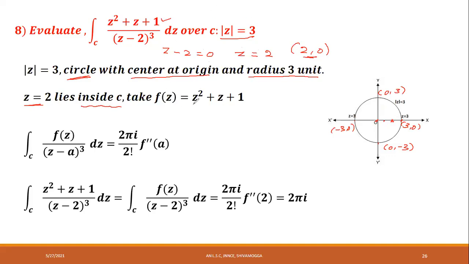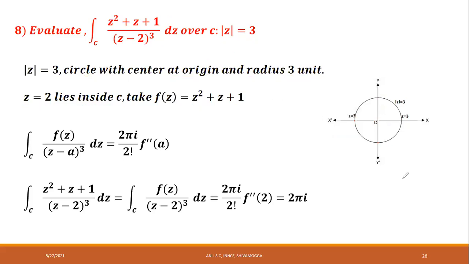And take this numerator as f of z. F of z is equal to z square plus z plus 1. And we know that integral over c, f of z divided by z minus a whole cube into dz is 2 pi I divided by 2 factorial into f double dash a.